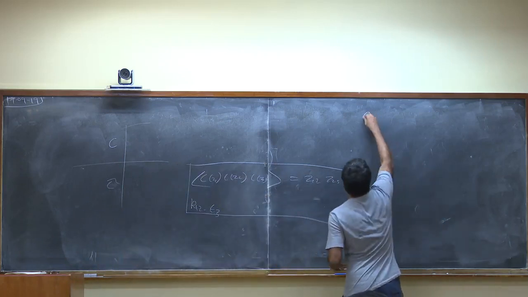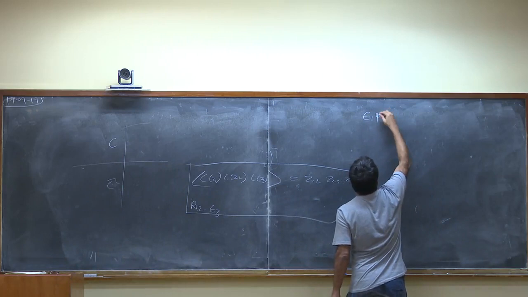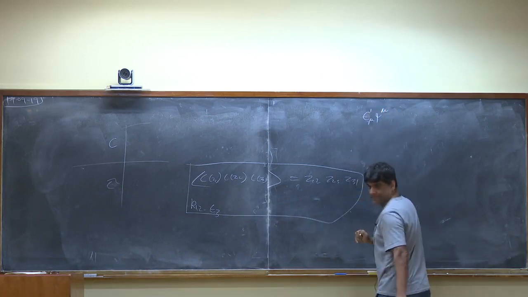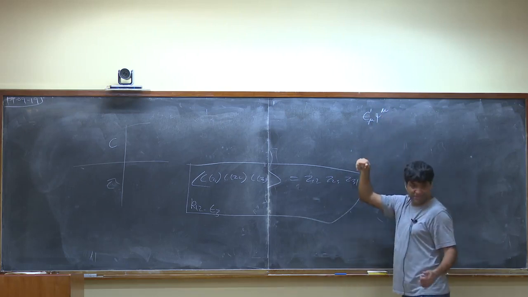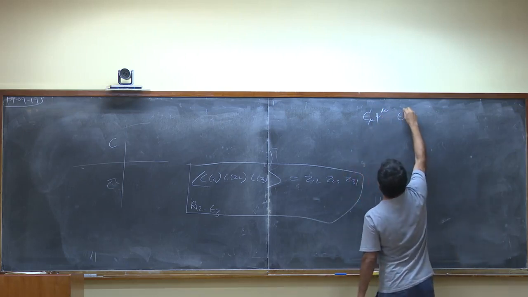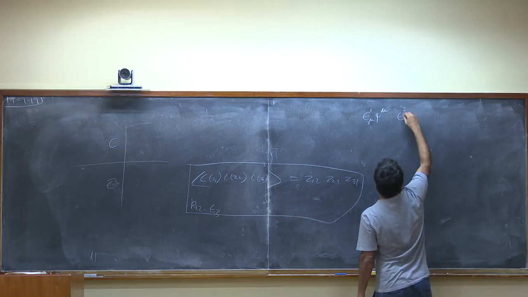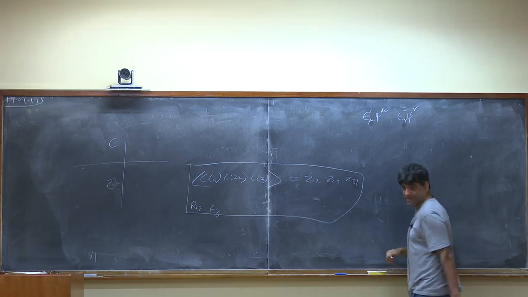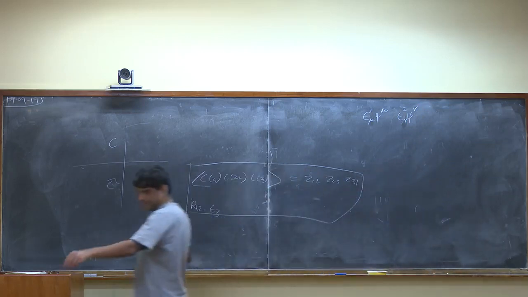If you remember, we had epsilon 1 mu psi mu. That was the vertex operator of the first photon. We had an epsilon 2 nu psi nu. And then we had a more complicated vertex operator.